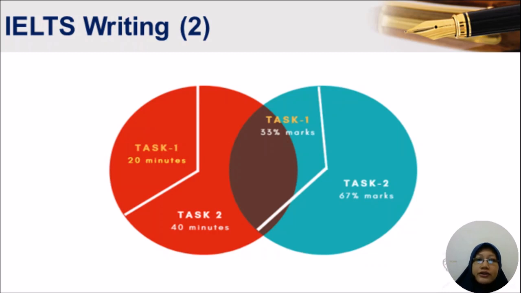67% of the marks. So you need to be more concerned with the second task because the marks are higher than the first task. Please do not be too concerned with the first task, so that you can spend more time on the second task, because actually the second task is more difficult than the first.